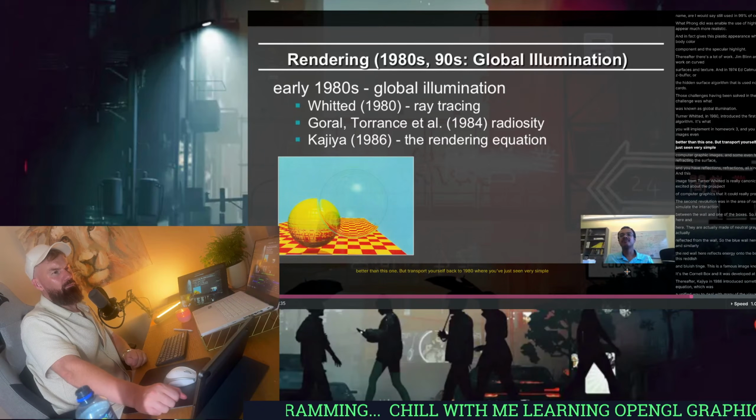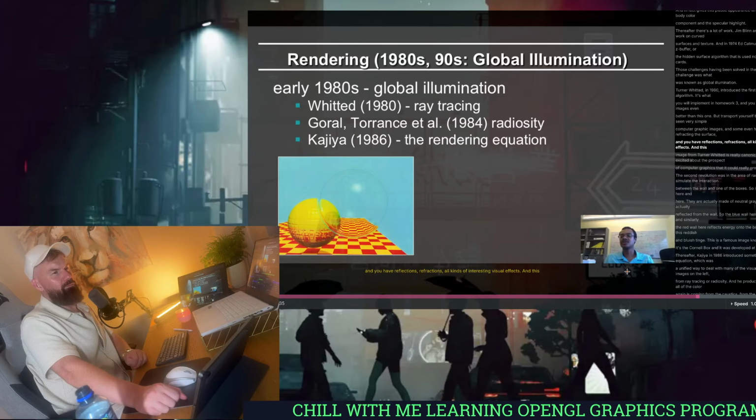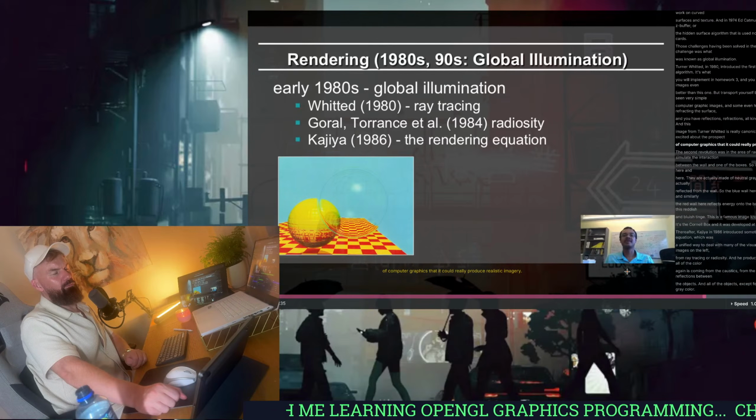But transport yourself back to 1980, where we've just seen very simple computer graphics images, and suddenly you have a bubble which is refracting a surface, and you have reflections, refractions, all kinds of interesting visual effects. And this image from Turner Whitted is really canonical and got many people excited about the prospect of computer graphics, that it could really produce realistic imagery.